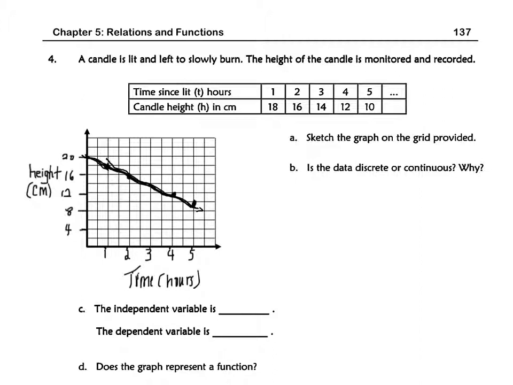Is the data discrete or continuous? It would be continuous in this case, because all the times and heights between those points used to sketch our graph are possible.